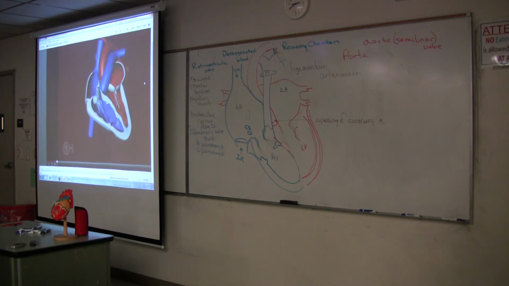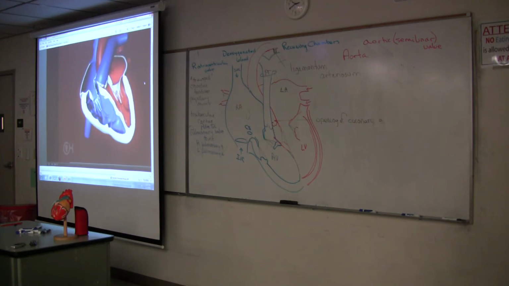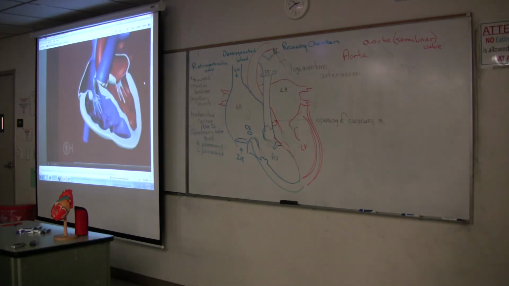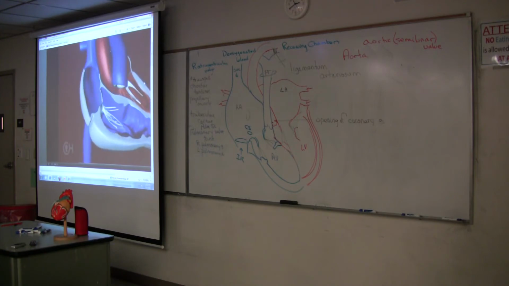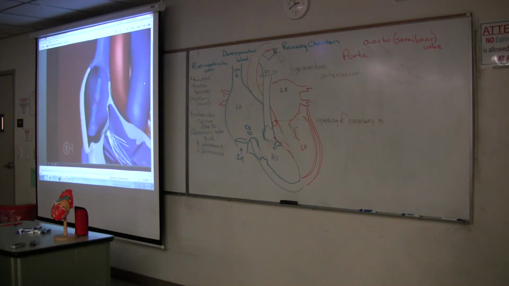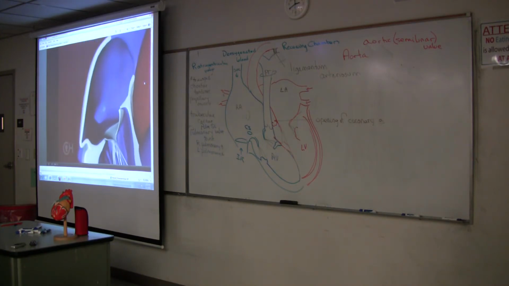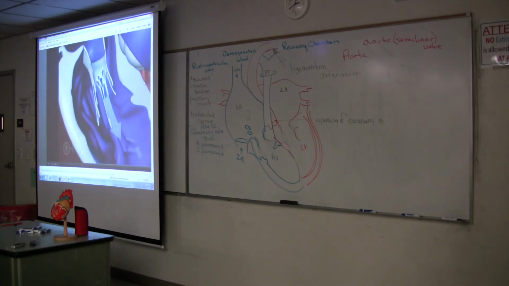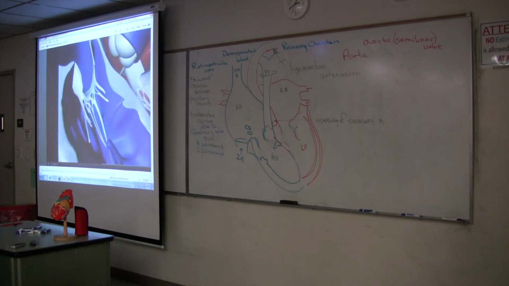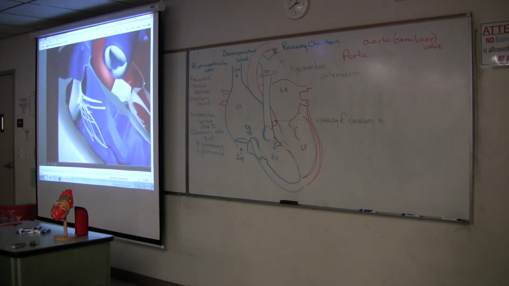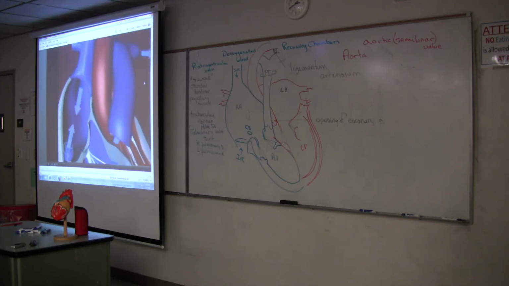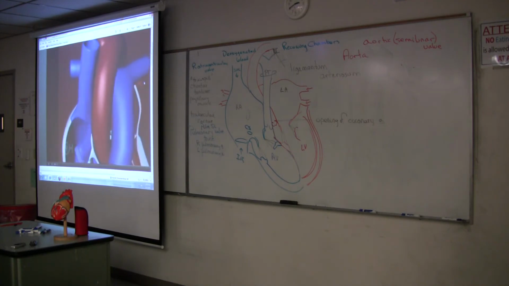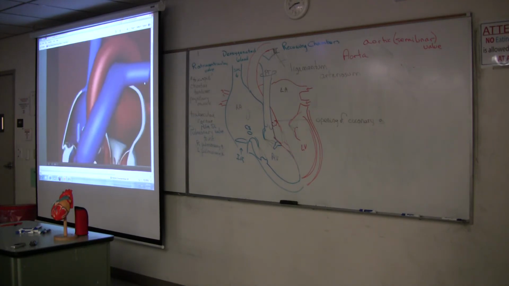Oh, that's way better. Granted, they don't show the blood, they show specifically the valves. Yeah. Oh, it's not half bad. I like that one a lot. That's a really good representation.